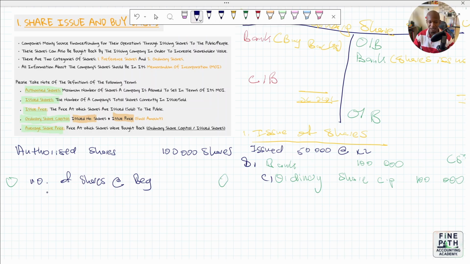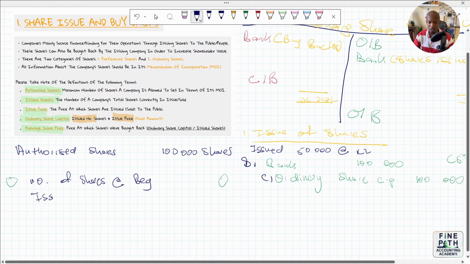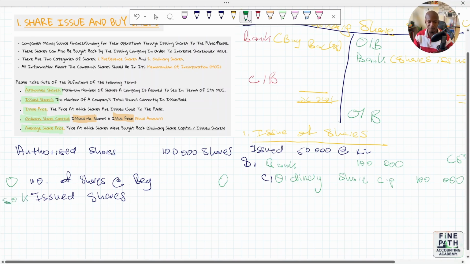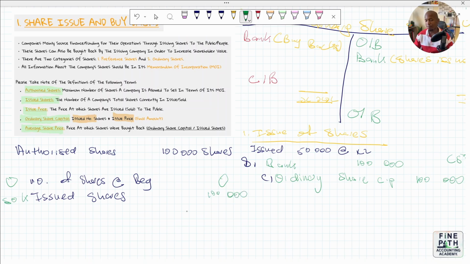And then the second step now is to look at the issued shares. So let's look at the example that we just did. We had said that during the year, we've issued 50,000 shares at 2 rands per share. So here we would have our 50,000, and then here we would have our 100,000, which represents the value of ordinary share capital.